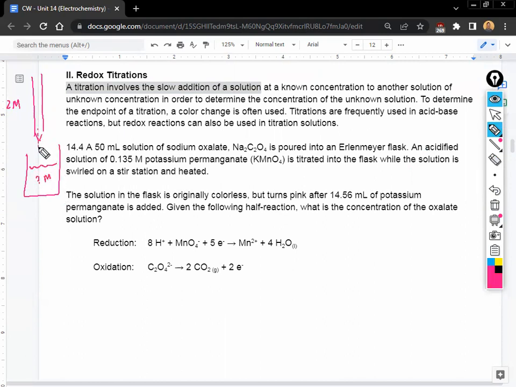That's what titration is. And then depending on how much you add, that tells us the concentration of the one below. That's titration in a nutshell. Okay, so titrations are used in acid-base, but we can also use redox with titration.